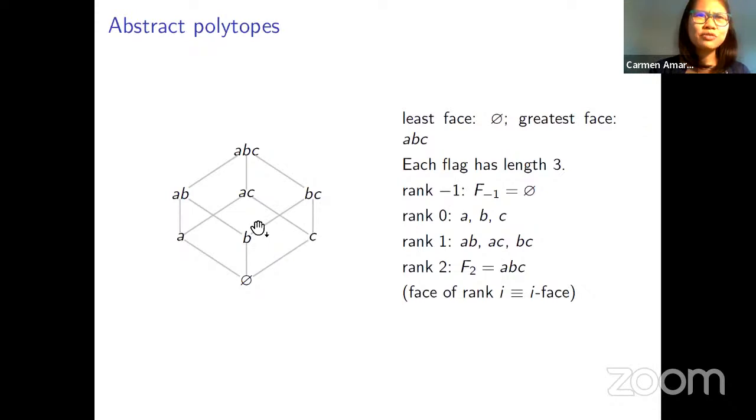Yung first level, yung vertices, we consider these as faces with rank 0. Yung edges natin will be faces with rank 1. And yung triangle natin will be a face of rank 2. So this is also our F2. Another term for a face of rank i is an i-face.